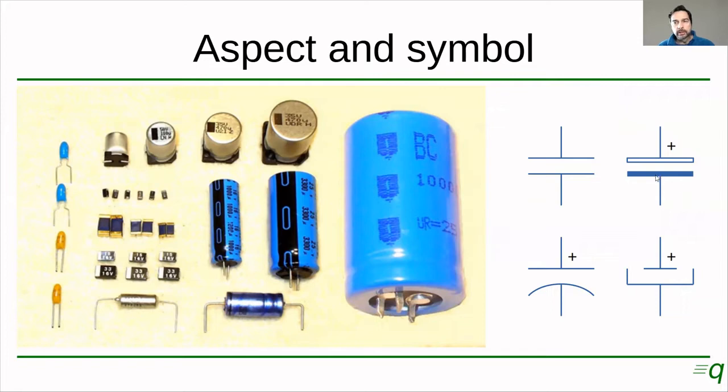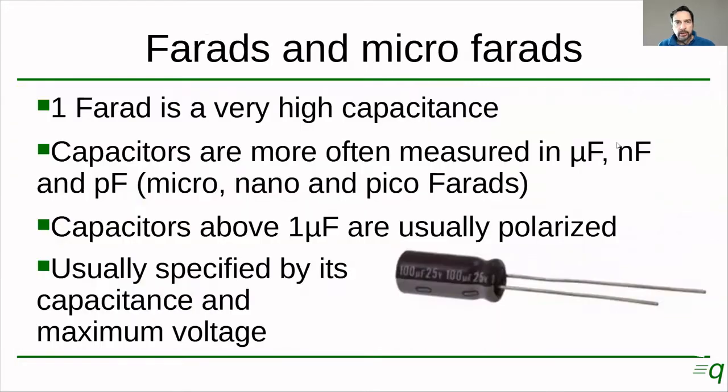The negative terminal can be symbolized in different ways, like this way with a curved plate, this way with a plate kind of surrounding the other one, and this one with a solid plate, as compared to this one that is just outlined, okay?